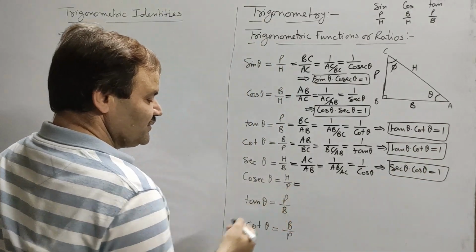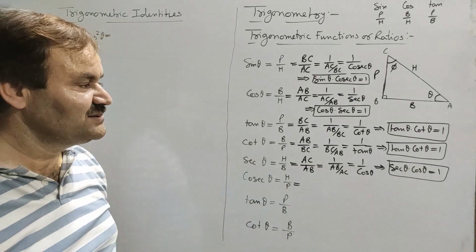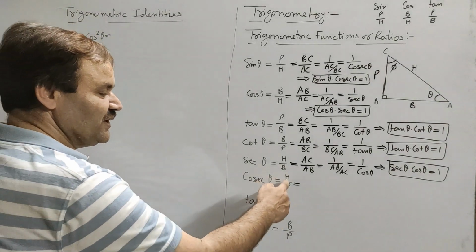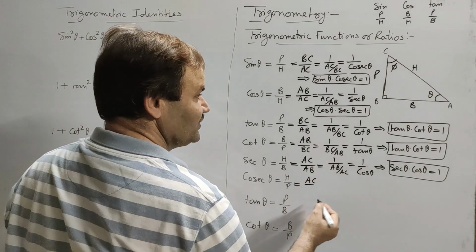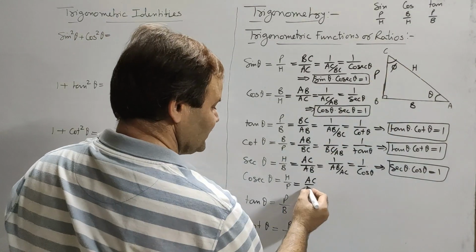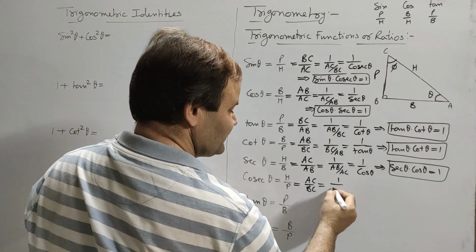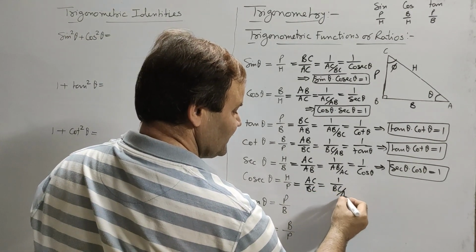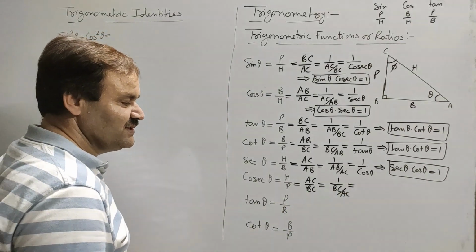This time it is cosec theta, so cosec theta is equal to hypotenuse upon perpendicular, that is AC upon BC, and it can be written as 1 upon BC by AC, dividing numerator and denominator both by AC.